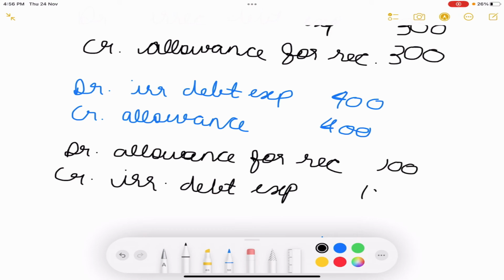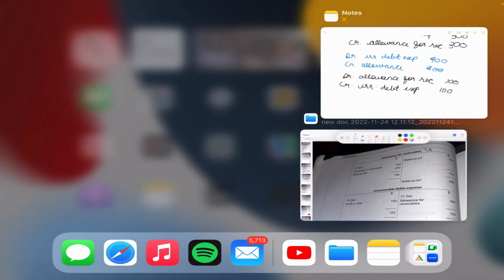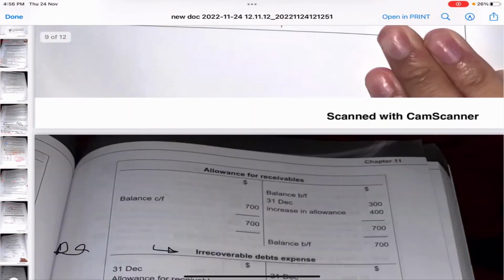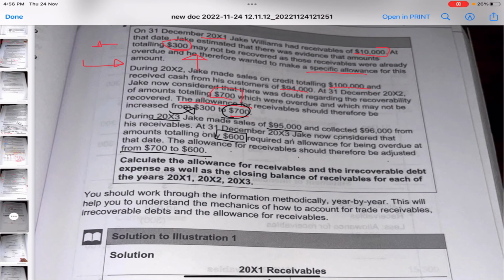You are reducing it by 100. So whenever you have to reduce anything, you are going to reverse the entry. Okay, we're done almost. Allowance overdue. That's it. We are done with the question.